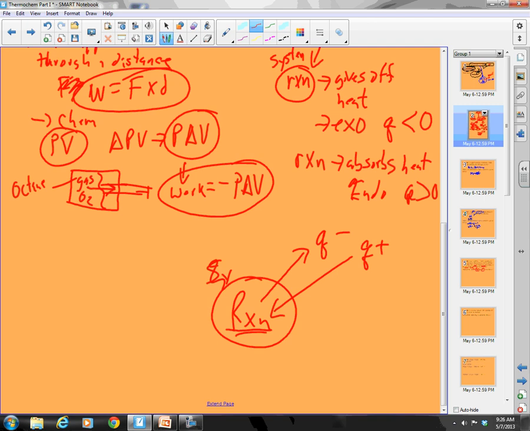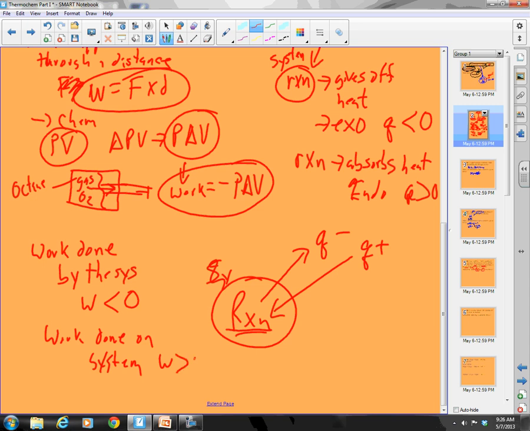Well, what about the conventions for work? When work is done by the system, then I say that work is less than zero. It's negative work. And when work is done on the system, then that is positive work.